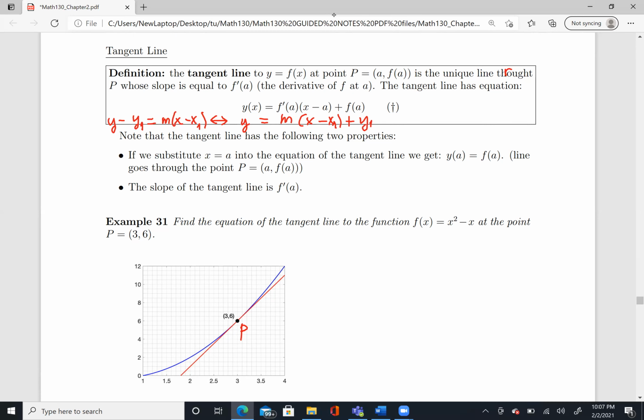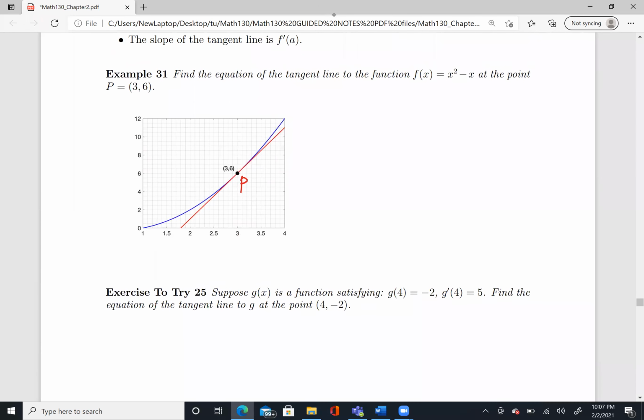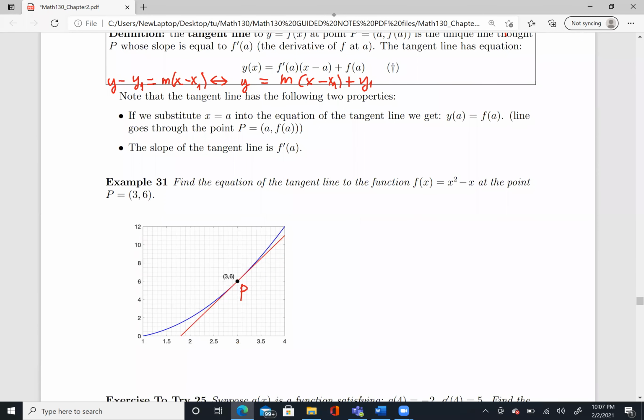Now let's do example 31. Find the equation of the tangent line to the function f of x equal to x squared minus x at the point P equals 3, 6.